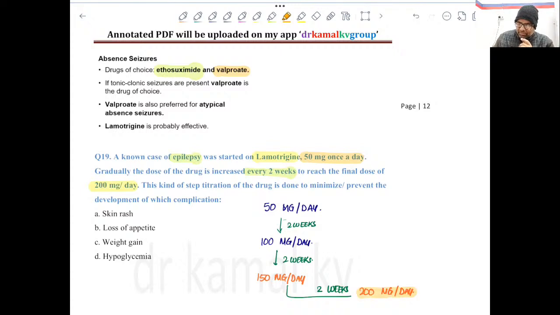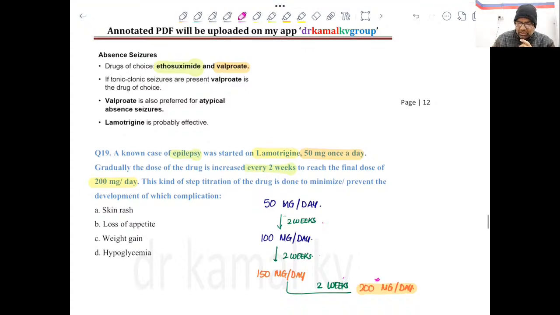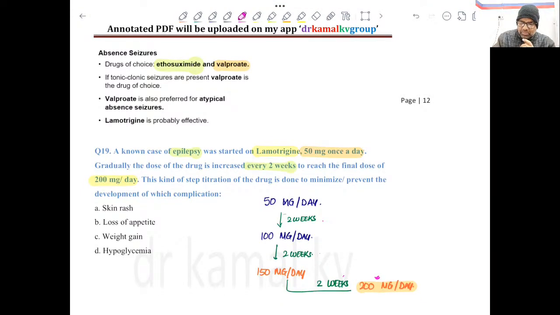Now the question is why we took almost 6 weeks, or 4 weeks, to reach the desired dose. This is because if you straight away give a 200 milligram per day dose, there will be a skin rash. Clear?